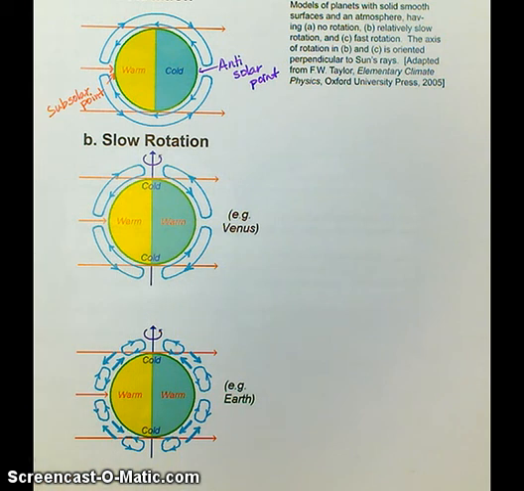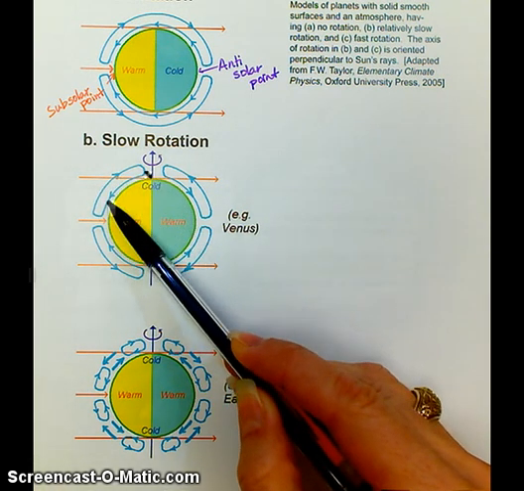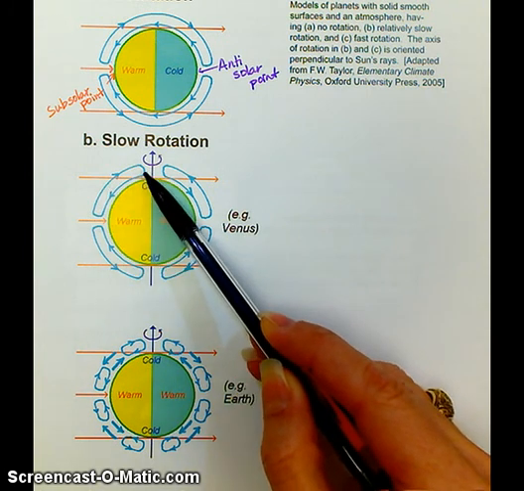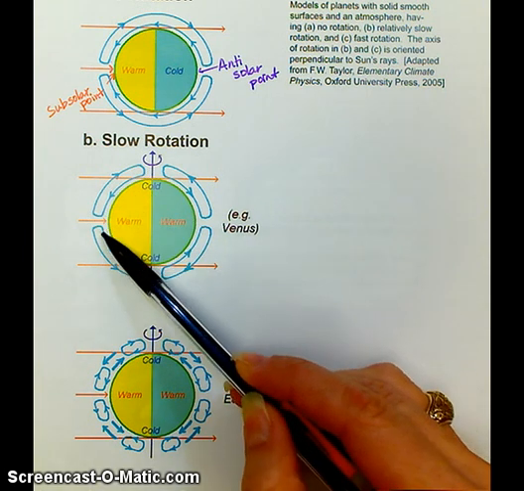With the coldest air at the poles and the warmest air along the equator, surface winds flow from, okay, so remember, these winds are upper atmosphere, these winds are the surface winds. And if you will look at the direction of the arrow, they are coming from the poles and flowing back towards the equator.